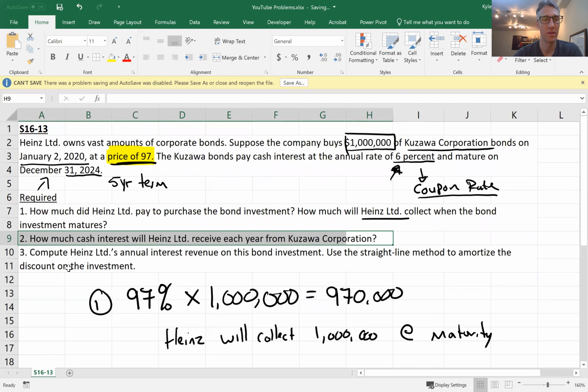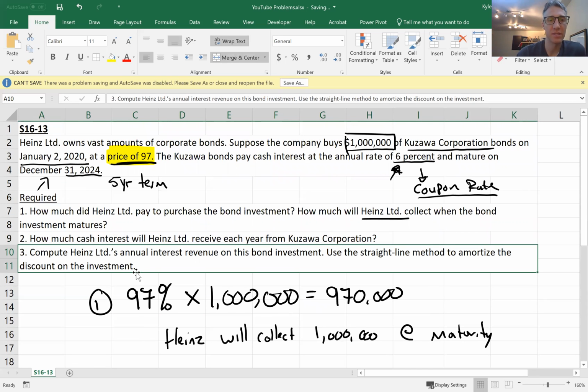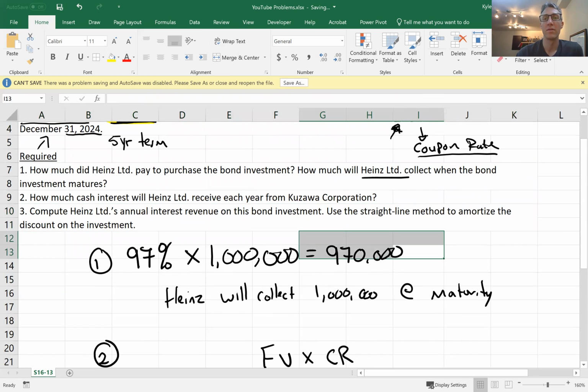Okay, now what do we need for requirement 3? Let's see. Compute Heinz's annual interest revenue on this bond. Use the straight line method to amortize the discount on the investment. Right, well, this organization bought the bond at a discount, right?